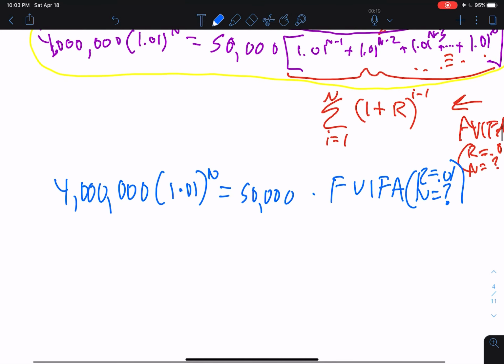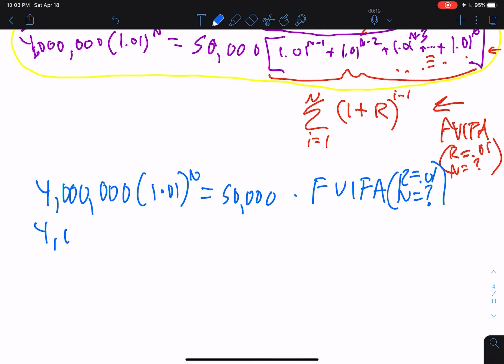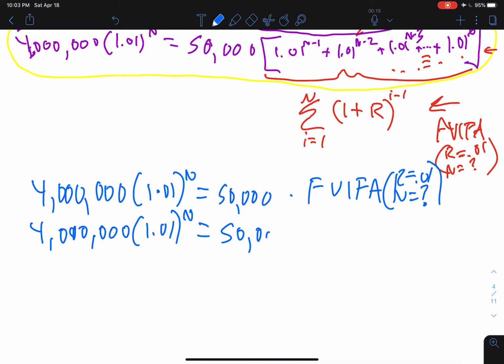All right, let's solve. 4 million times 1.01 to the nth power equals 50,000 times 1.01 to the nth power minus 1 over 0.01. That is the FVIFA formula.